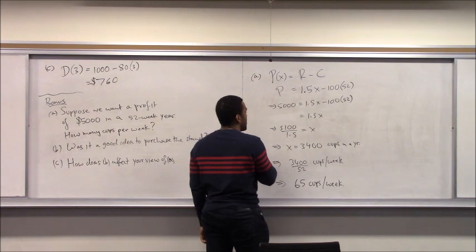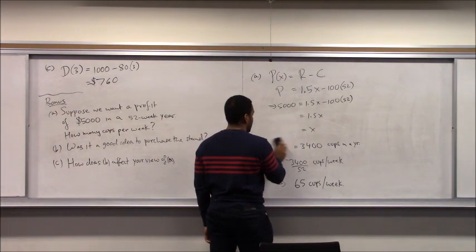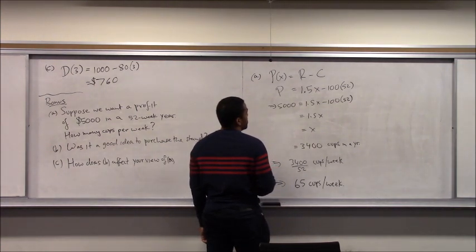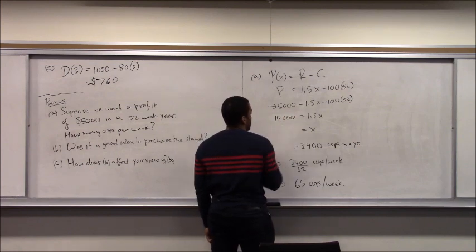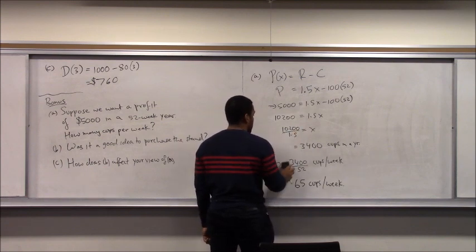And so if I bring that over, what do I get? So that's 10,200. 10,200 over 1.5. 6,800.